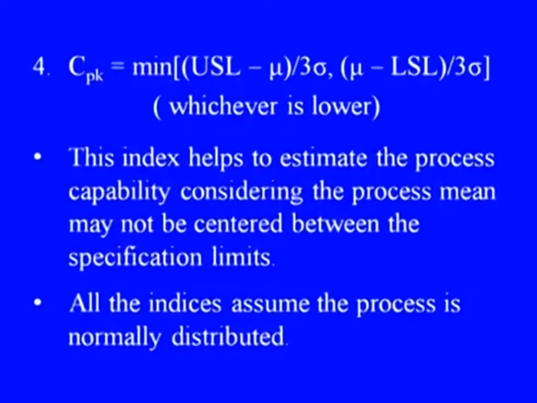Whichever is lower is accepted. This index helps to estimate the process capability, considering the process mean may not be centered between the specification limits. All the indices assume the process is normally distributed.